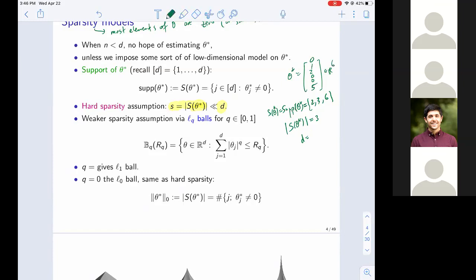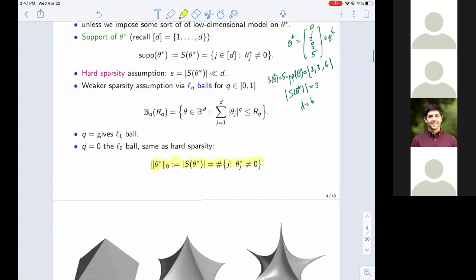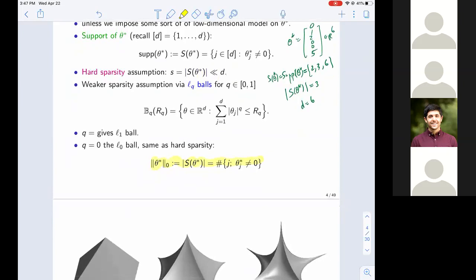It is moderately sparse. But you'd assume that S, the number of non-zero elements, is much less than D. This is sometimes called hard sparsity or L0 sparsity, referring to the L0 norm, the number of non-zero entries. It's not a proper norm.